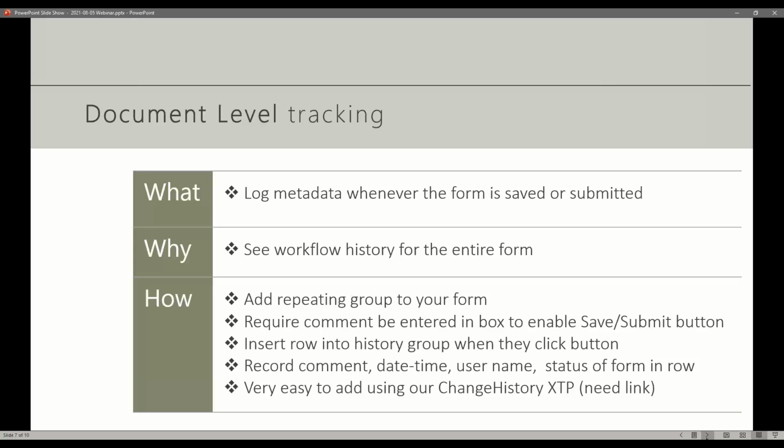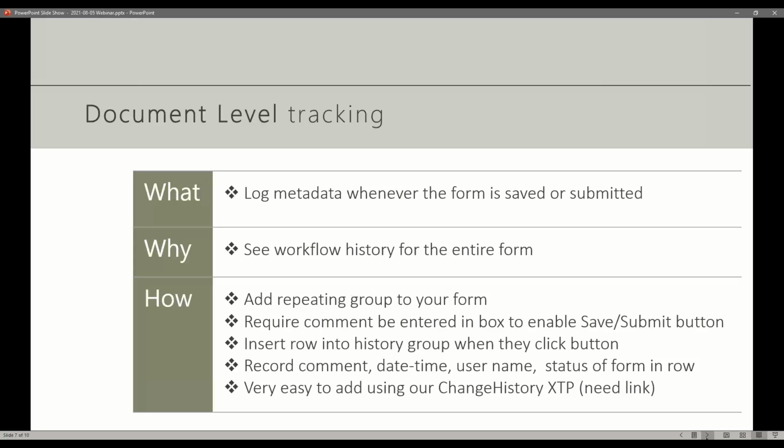Right. Document level tracking is something we've covered in the past, and this is really at the level of the submit. Whenever you save or submit the form, you're storing a version in SharePoint or wherever you're storing it. Maybe it's in your database with our DBXL web service as the conduit.